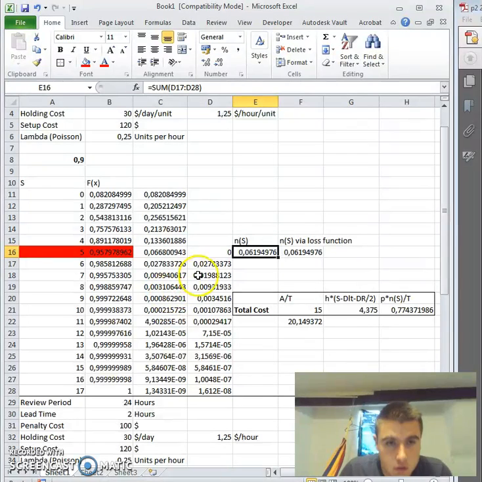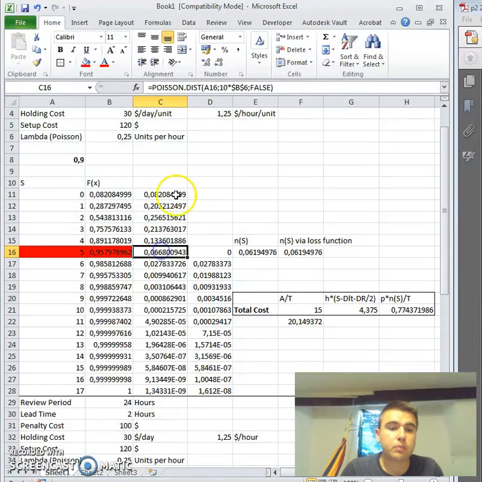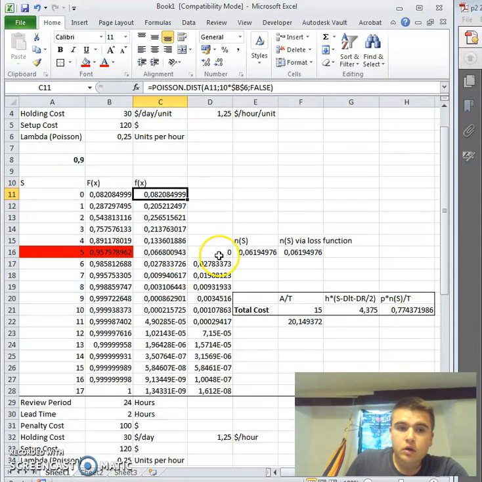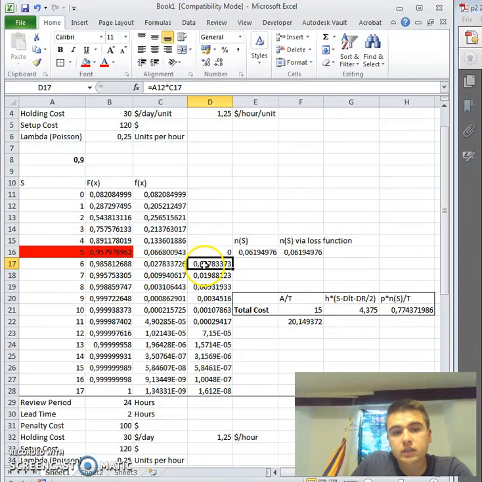But you can also just take the formula in which you take every x which is higher than 5, so 5, 6, 7, 8, 9, etc., and you multiply it with x minus S. So for example, for 5, x minus S is 5 minus 5, so you multiply the probability distribution with 0, and then 6 minus 5 is 1, so you multiply the probability distribution with 1. If you sum this, you get the same number as the loss function, which is 0.06.